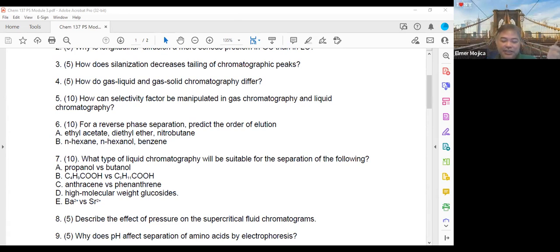Unlike in liquid chromatography, there are instances that some of the sample interact with the mobile phase in addition to interacting with the stationary phase. So at least mas maganda yung pag-separate nila. Pero because of the high diffusion of the GC, mas sharp yung peak nung GC kaysa doon sa LC. Okay?